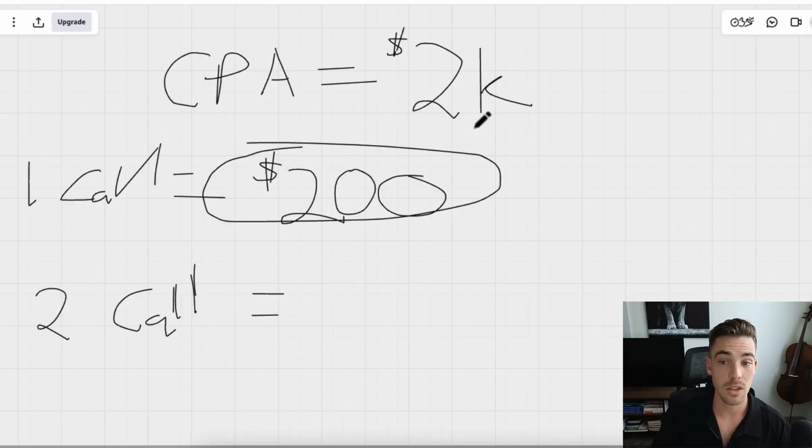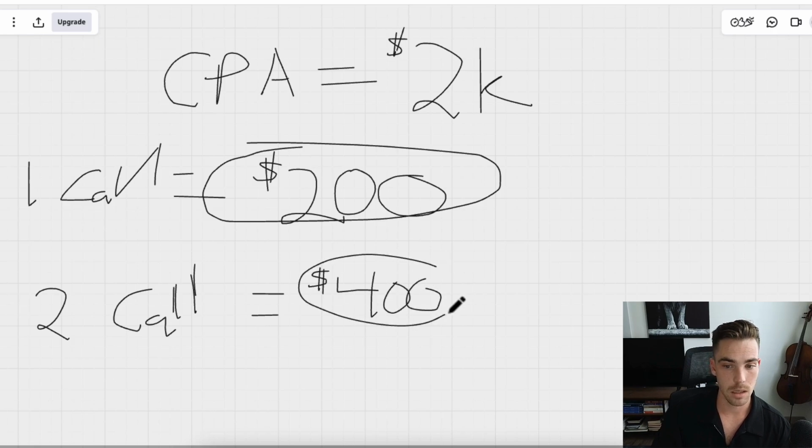So if the target CPA is $2K, I want my cost per closer call to be $400 or lower, ideally. Okay, this is simple math that enables you to hold your team accountable and also just understand what your cost per call needs to be, right?